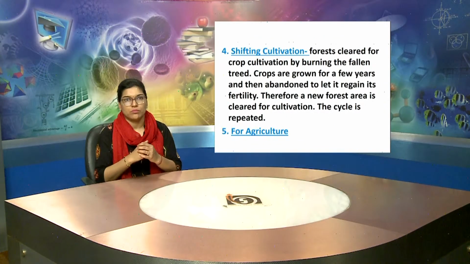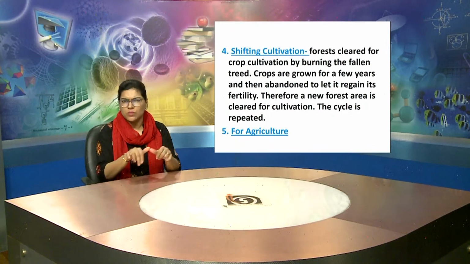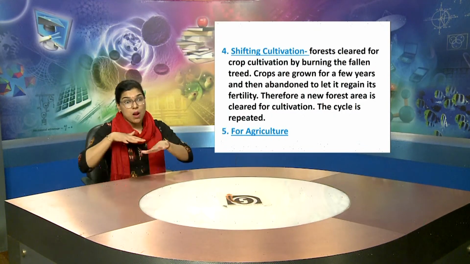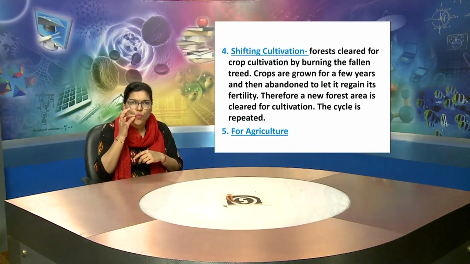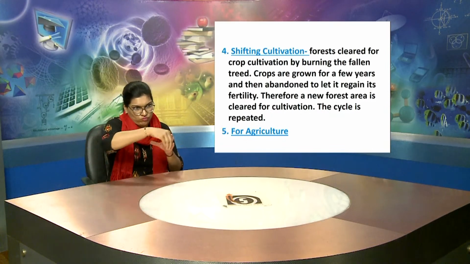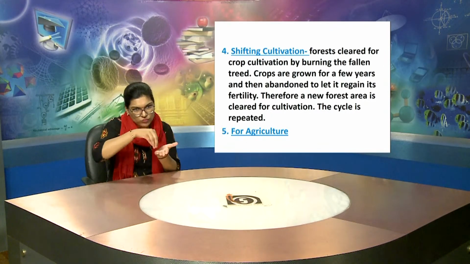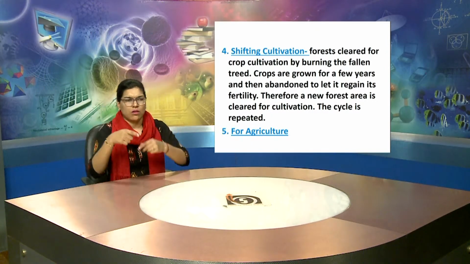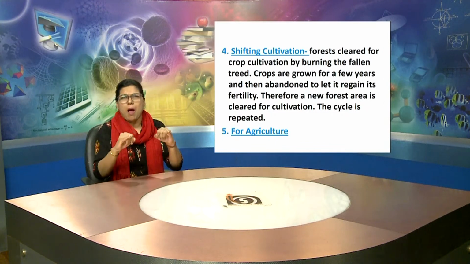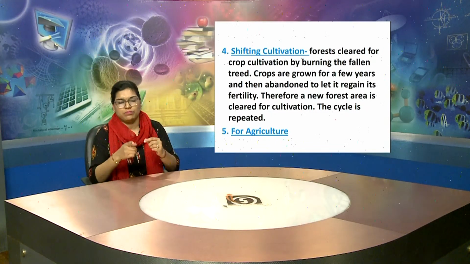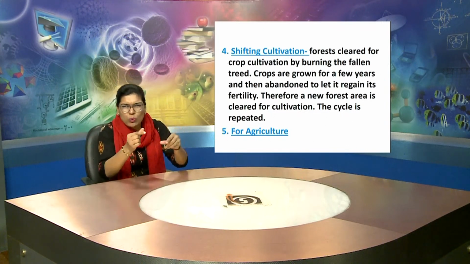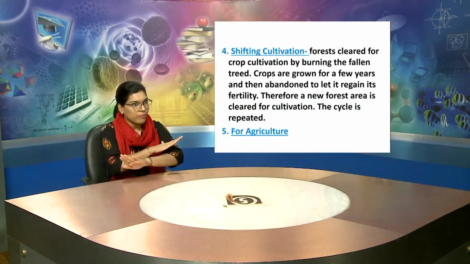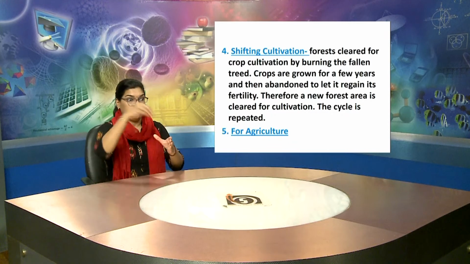The fourth cause of deforestation is shifting cultivation. Forests were cleared for crop cultivation by burning the fallen trees, and crops are grown for a few years and then the land is abandoned to let it regain its fertility.